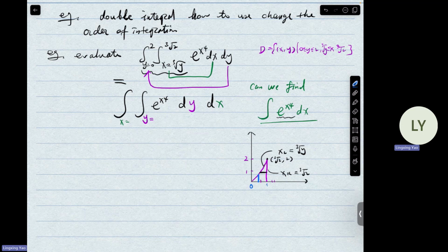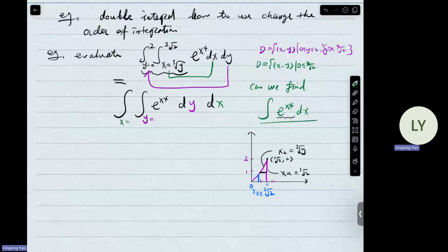And what is this point? This point has the x coordinate cubic root of 2. So for this same domain D, x is between 0 and cubic root of 2.